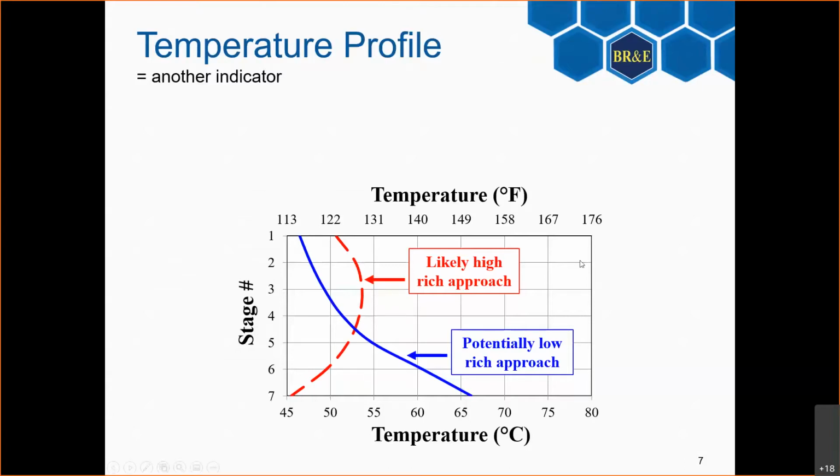As you can see, if the operation is likely rich end pinched, when we have high rich approach, you very often see a temperature bulge, this maximum temperature, somewhere in the top third of the absorber. And this basically tells you at what location the reactions happen at the highest rate.